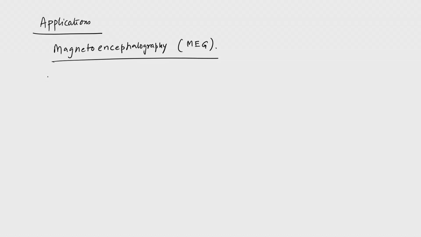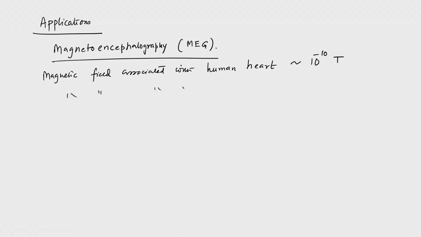And as I said, the magnetic field associated with the human heart is about 10 to the power minus 10 Tesla, while the same associated with the human brain is about 10 to the power minus 13 to minus 14 Tesla. And as you see, there only squids can determine if there is any change.